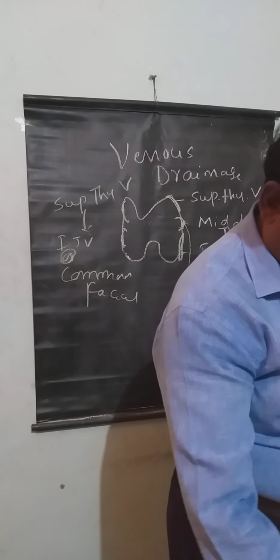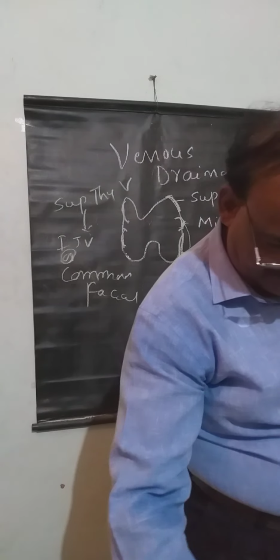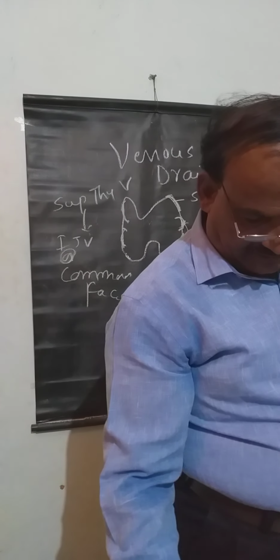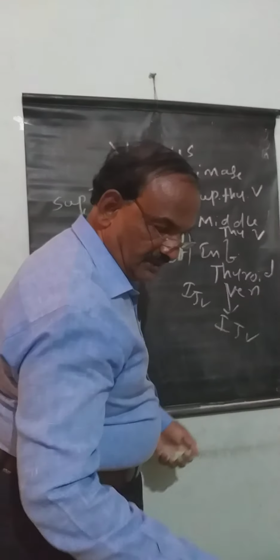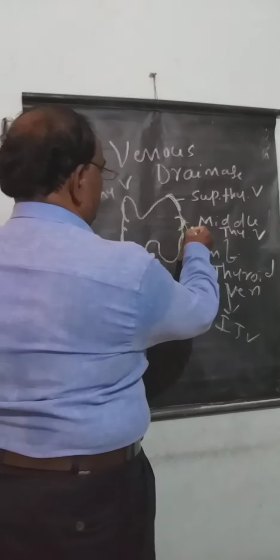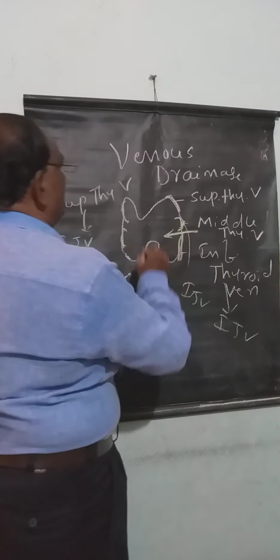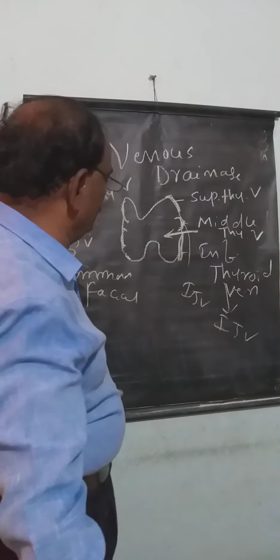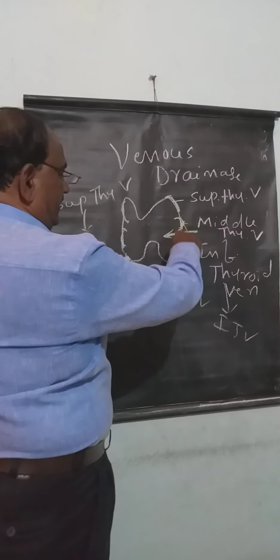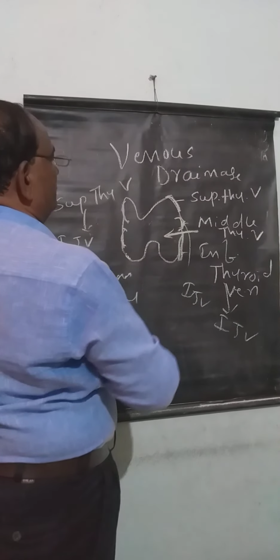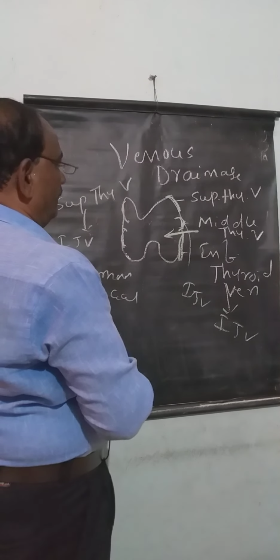Sometimes there is a very important vein, called the fourth vein of Kocher, which arises from the middle and inferior veins.